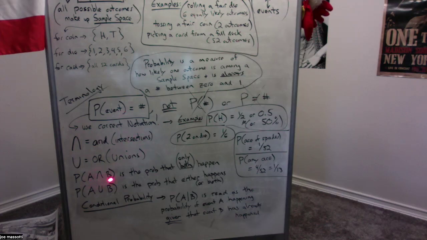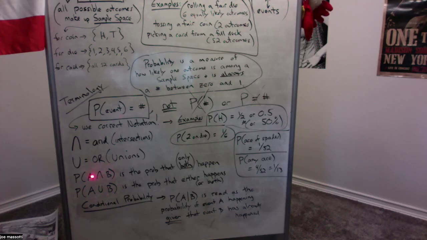The intersection of two events is the probability that both happen. They both have to happen. Okay? Only when both happen do we say that the intersection of two events is occurring. As opposed to one or the other happening, we use this symbol for union. So a union of two events, we use U, or this symbol that looks like a U, to represent A or B. We're saying A is an event, B is an event.